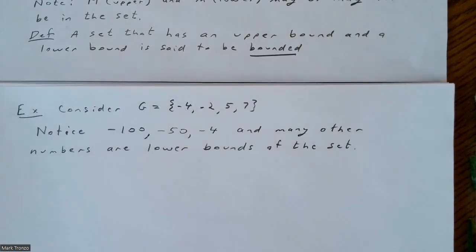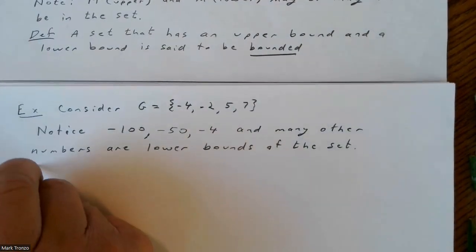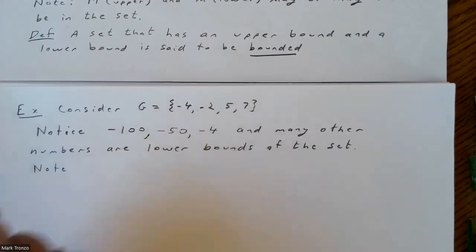So really anything less than or equal to minus 4 is going to be a lower bound. And for the upper bound, again, you could just pick whatever you wanted.